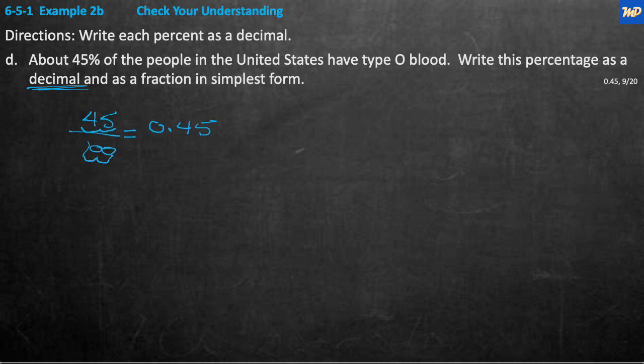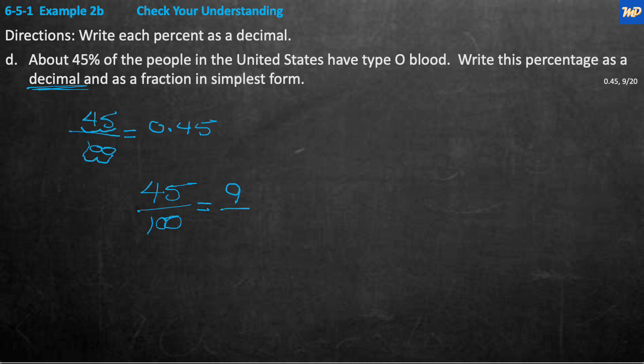Okay, so that's that. Now they say, second, write it as a fraction in simplest form. Well, 45 over 100, we've got to get something that will divide into 45 and into 100. So what do we have? We can divide 5 into 45, and that would equal, let me put an equal sign here. 5 times 9 is 45.